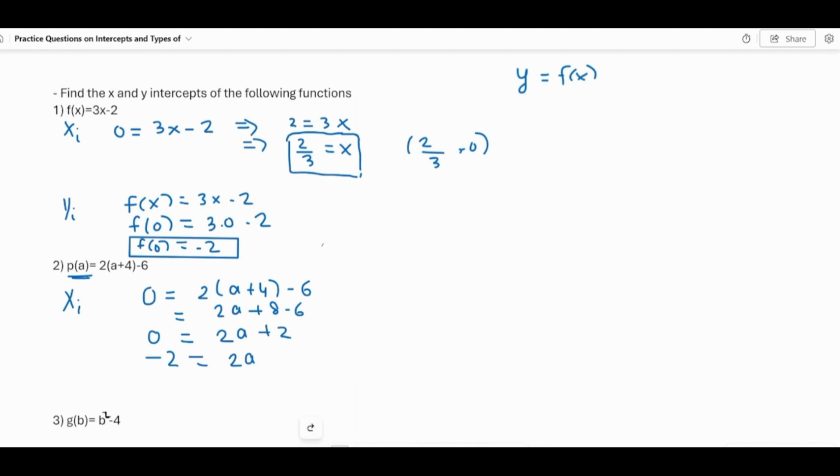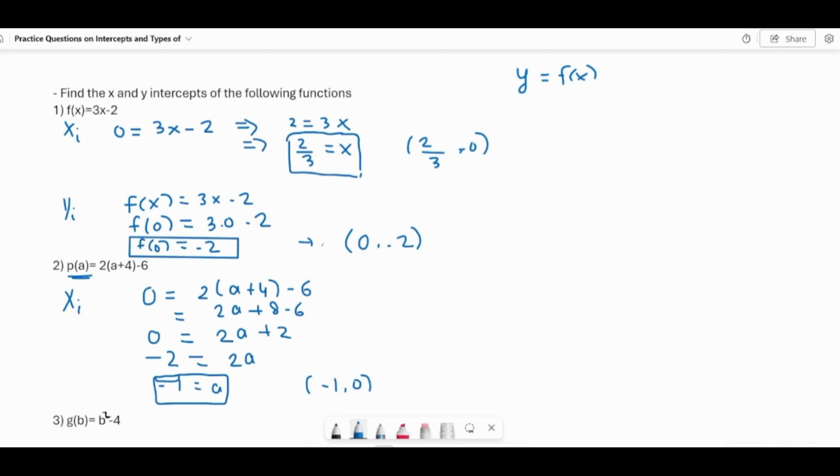I hope that's clear here. This is going to be your x-intercept, okay, negative 1. And again, if we have to write it in ordered pair form, then in this case it would be negative 1, comma 0. And also in the previous question, the ordered pair would have been 0, comma negative 2.